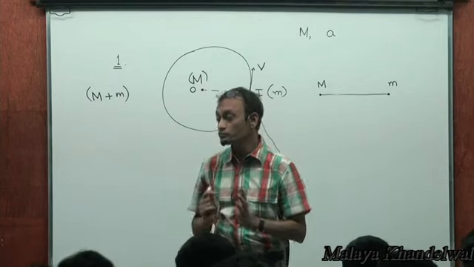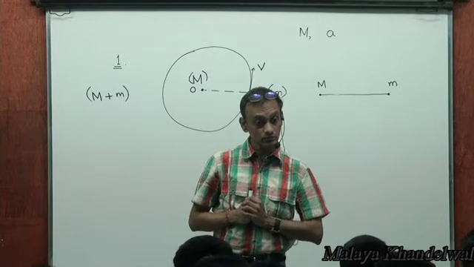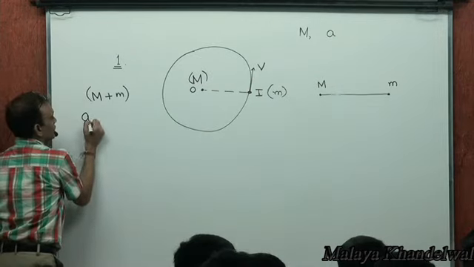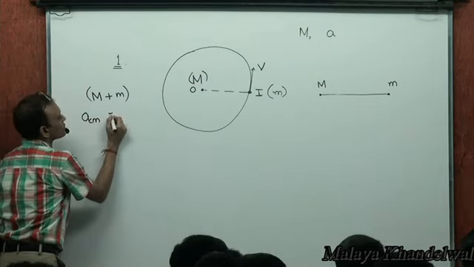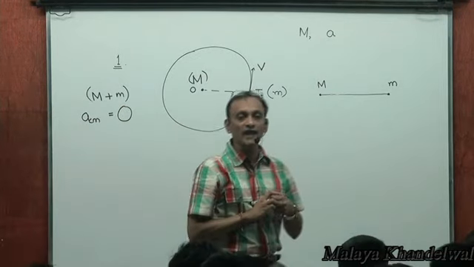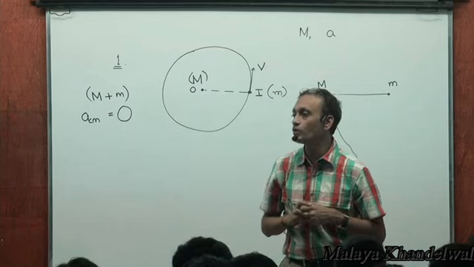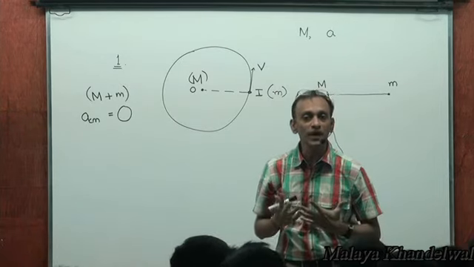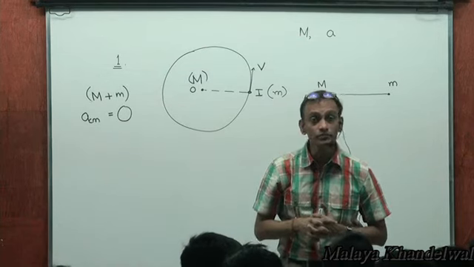Do you all understand this? Which means, on a system comprising capital M plus small m, if there are no external forces, the center of mass has no acceleration. Yes or no? Right? The center of mass then has no acceleration.